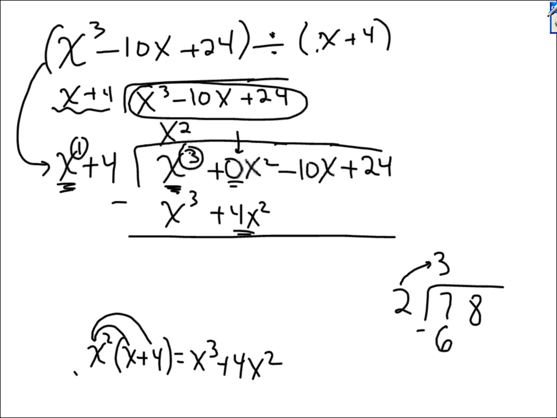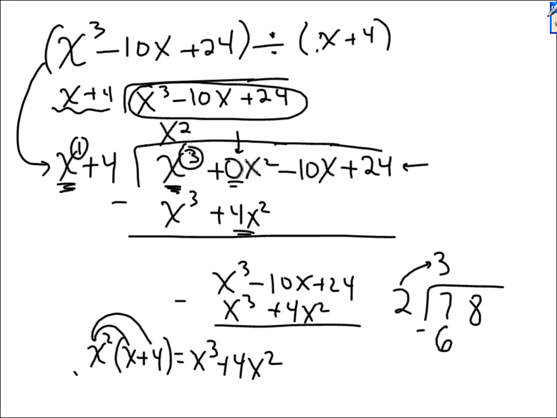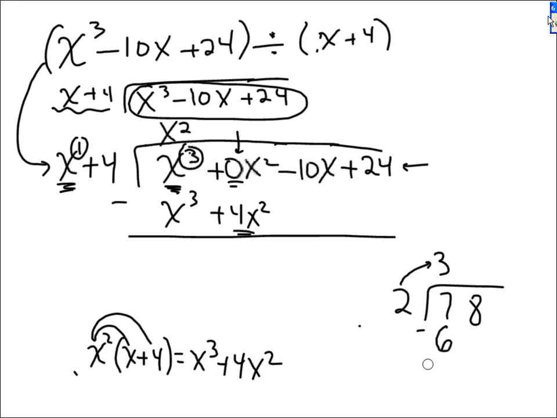If I didn't fill in that missing term, I would have had x cubed minus 10x plus 24 for the first line, and then I would be taking away x cubed plus 4x squared, which is a bit messy calculation to do because what's in this middle column, they're not like terms. X is not x squared. So that's why I filled in the missing terms, so that wouldn't happen.